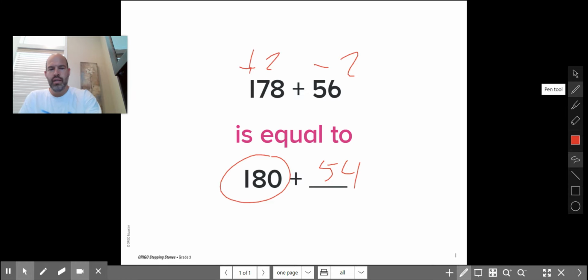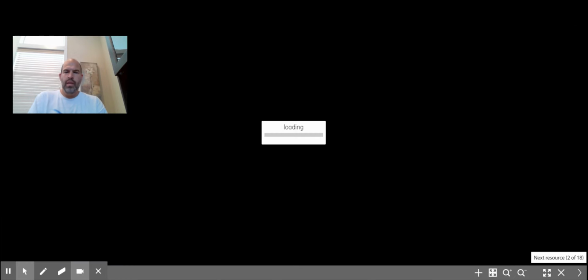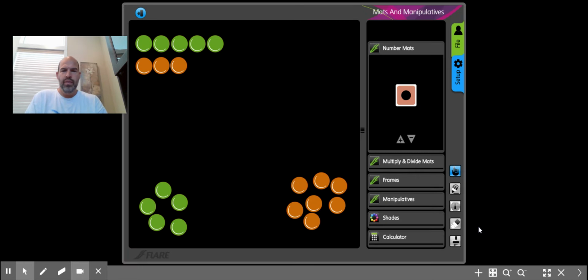Now, let's take a look here. We have some examples of what that would look like. So let's say, for example, this top problem. We're saying, what is the answer to 5 take away 3?